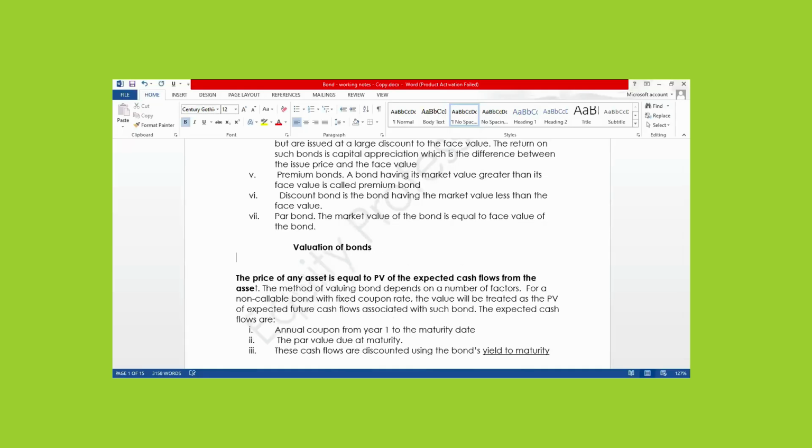We start with redeemable bond. How can we calculate the price of a redeemable bond?